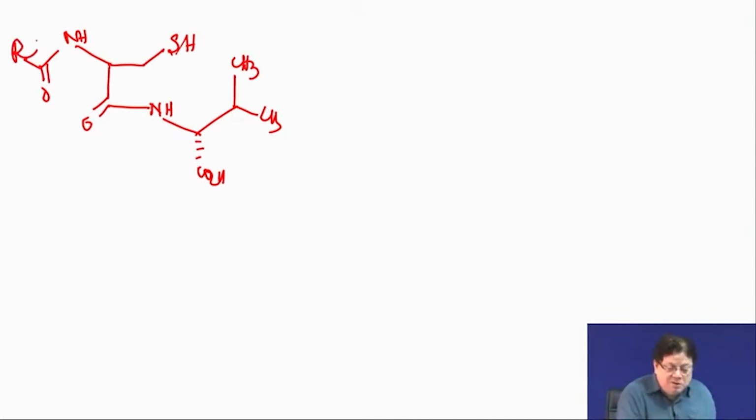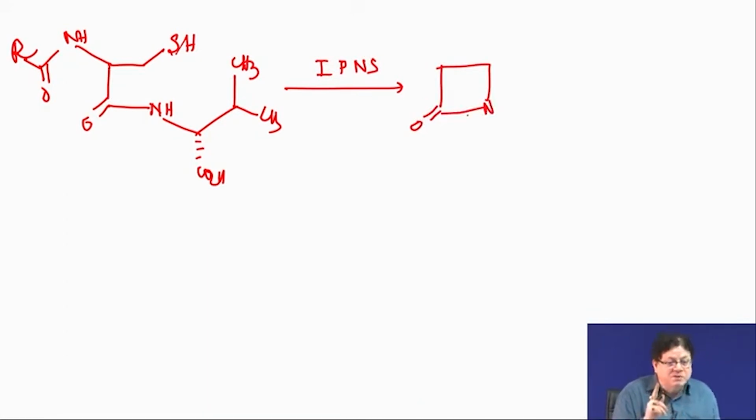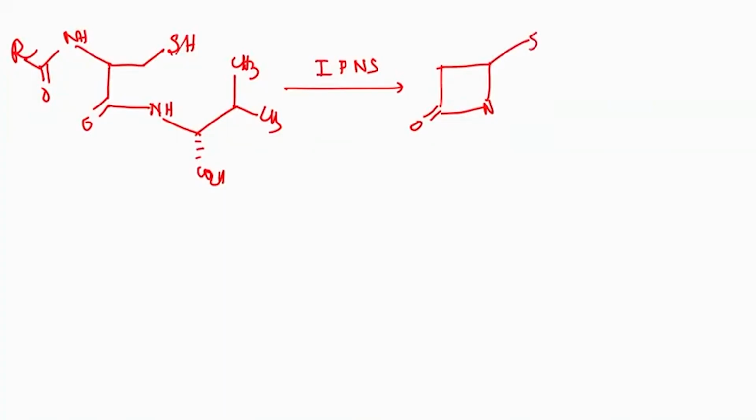Okay. So, there is an enzyme called IPNS, and that makes what? Remember what we are studying now? The biosynthesis of penicillin. How penicillins are made in the microorganisms, that is what is called biosynthesis. Like if you say how Taxol is made in the plant, that is biosynthesis of Taxol. So, this is biosynthesis of penicillin.